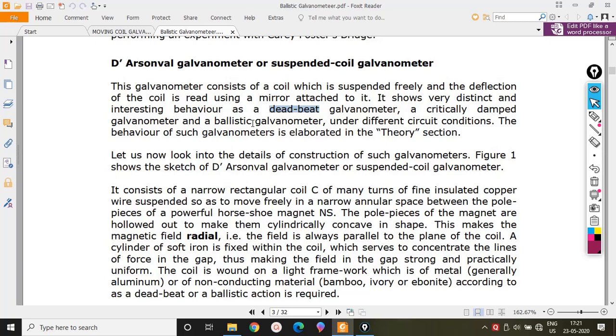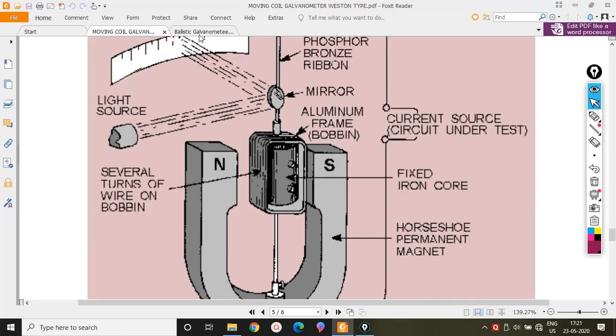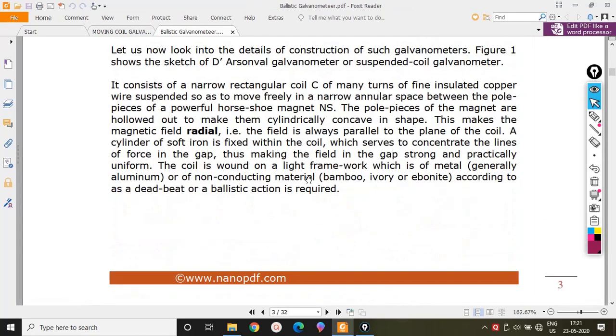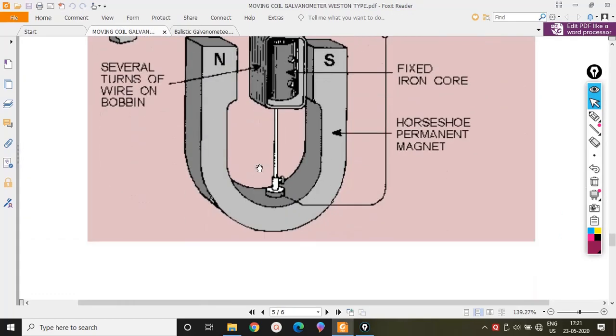So in the ballistic galvanometer, coil will swing once, and this swing will be recorded in this lamp and scale arrangement before it comes to rest. So this is how the ballistic galvanometer works.